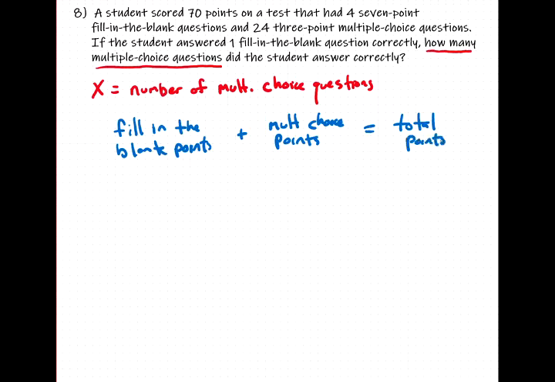Okay, so this is sort of halfway to our equation. We're still using words, but we're sort of incorporating some symbols. But this should make sense. The total points received are coming from two different types of problems. So there's the points from the fill-in-the-blanks. There's the points from the multiple choices.